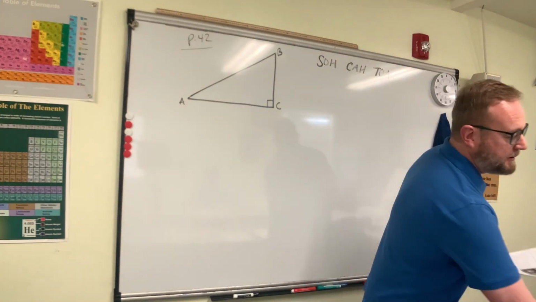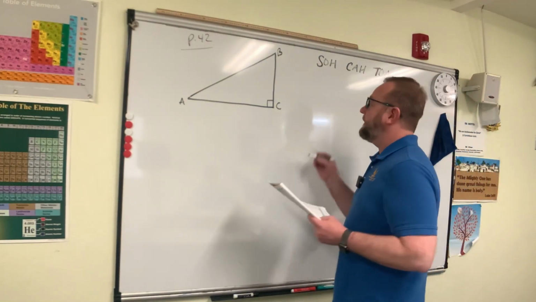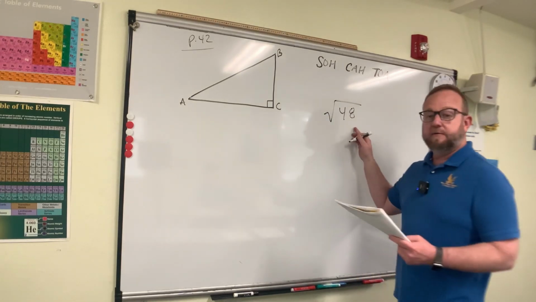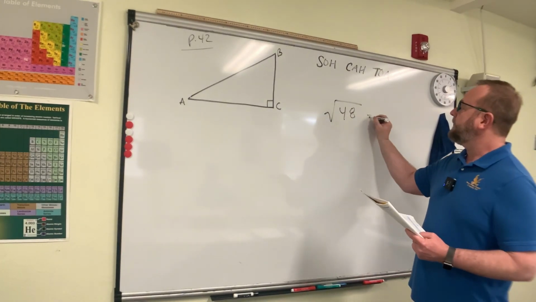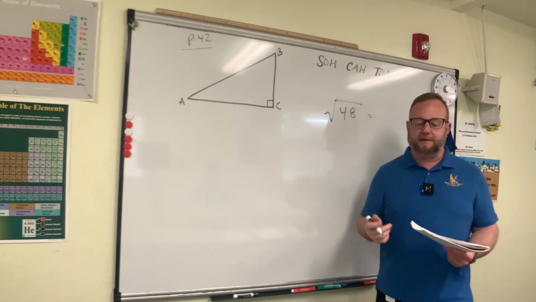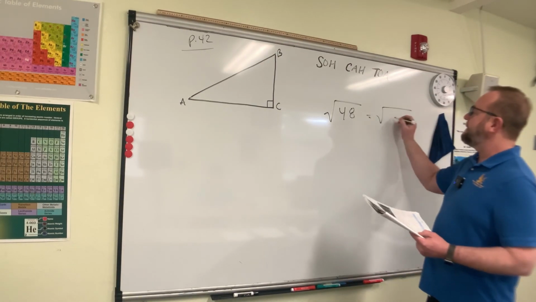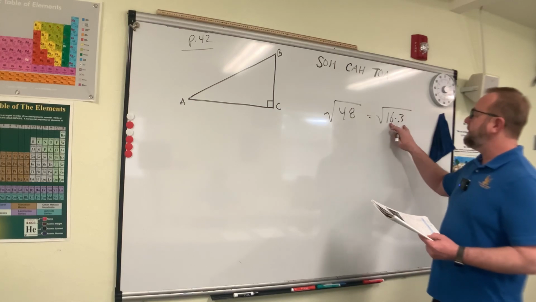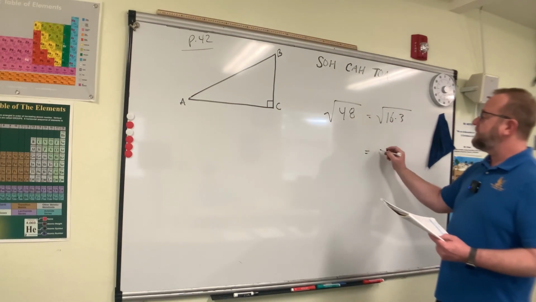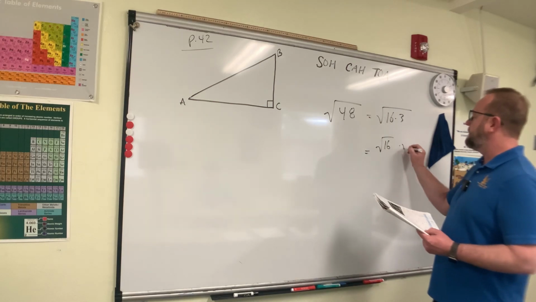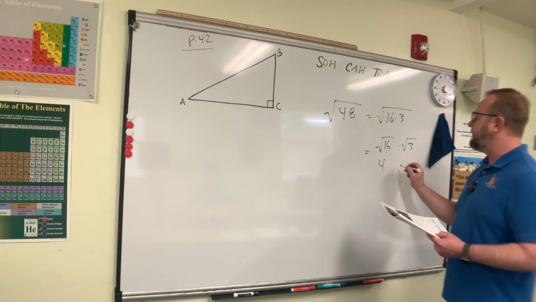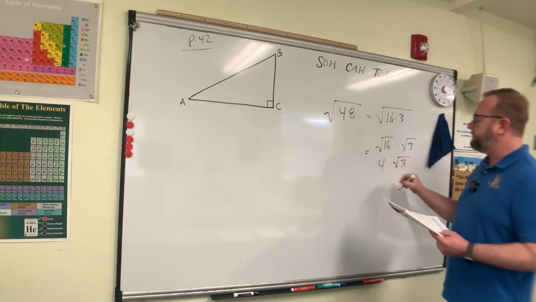That was back when we were simplifying something like this. Square root of 48 is on that page. And then you want to look for factors, but square rootable factors, if that makes sense. So I know that 16 times 3 is 48. But I also know that square root of 16 is what? 4, right? 4 times the square root of 3.